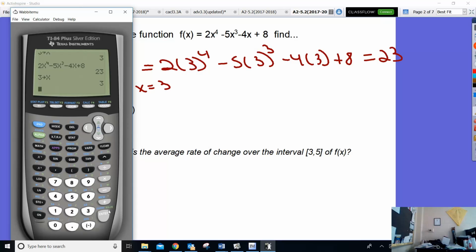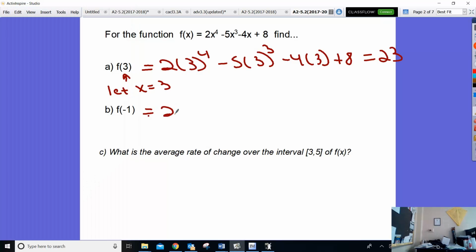Well, if I wanted to find the next one, what is it, f of -1? Let's do the same thing. On your homework, if I ask you to do this, please write it down. I'm not asking too much. That's the only way I actually have an idea, even if you're copying, it says maybe you know what you're actually doing.